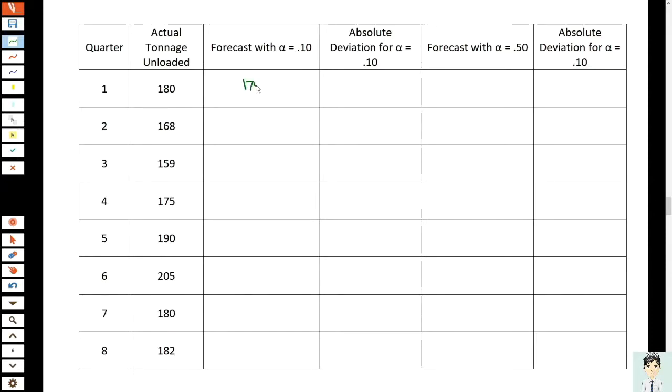This is 175, 175.5, diba? 174.75, then 173.18, 173.36, 175.02, then 178.02, sorry, 0.22.